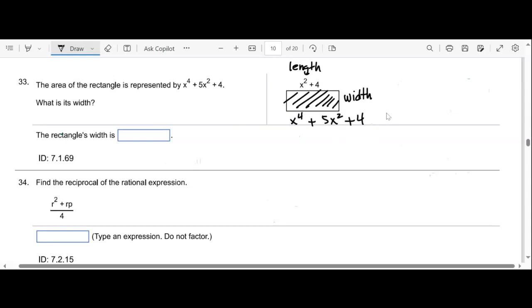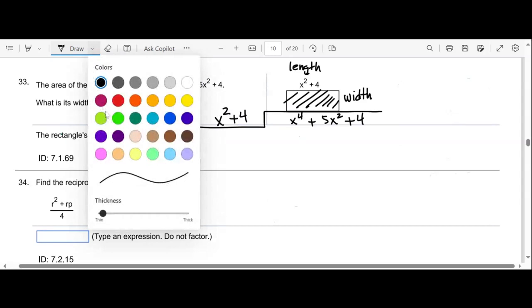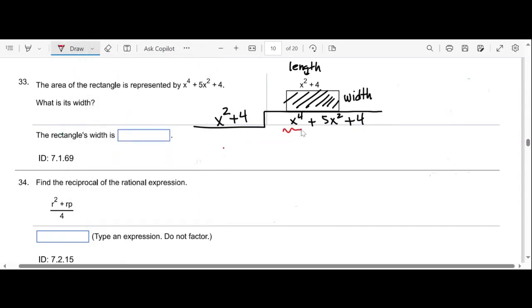So I need to divide the area by the length. The length is x squared plus 4. So let's take the first term divided by the first term. So x to the power of 4 divided by x squared gives you x squared. You put x squared here and then multiply twice.